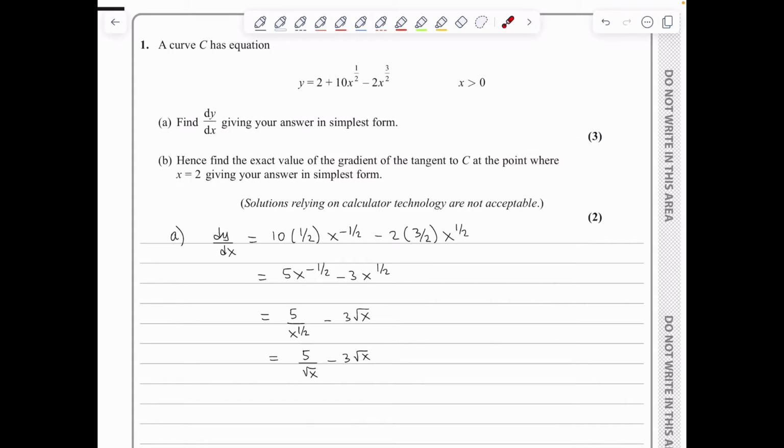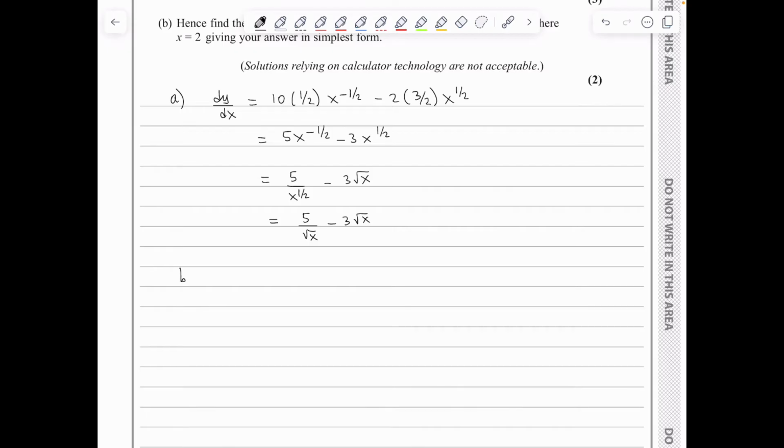In B, we need to find the exact value of the gradient of the tangent to C at the point where x is 2, giving our answer in its simplest form. So in other words, we need to evaluate dy/dx, the expression we just got, when x is 2. So we substitute x with 2, we get 5 over root 2 minus 3 root 2.